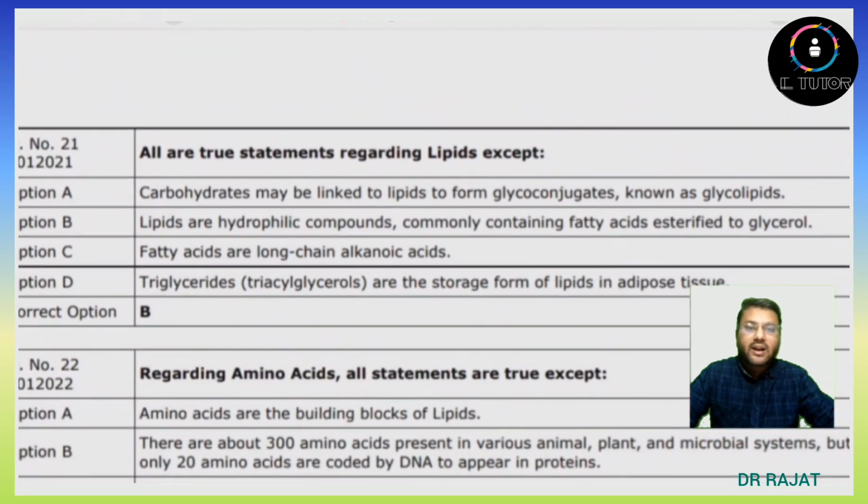All are true regarding lipids except. So carbohydrate may be linked to lipids to form glycoconjugates known as glycolipids. This is true. Lipids are hydrophilic compounds commonly containing fatty acid esterified to glycerol. No, this is not true because they are not hydrophilic, they are hydrophobic compounds.